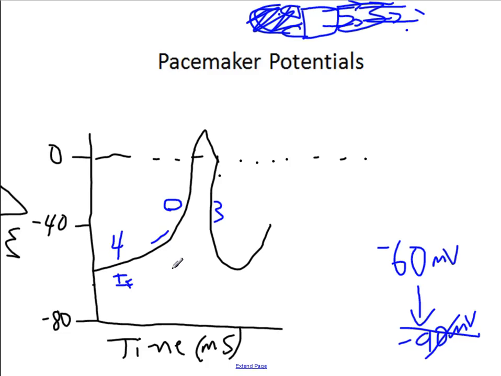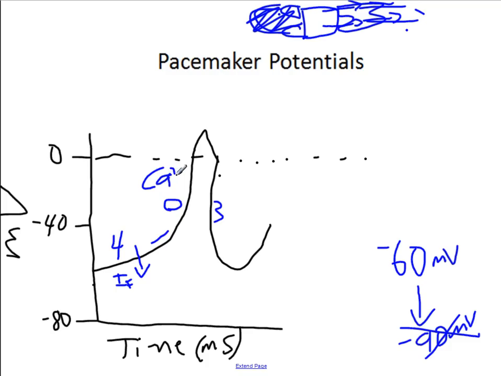We call these slow sodium channels because they open slowly and they cause a much slower influx of sodium into the autorhythmic cells. Now, eventually, once the autorhythmic cell depolarizes to about negative 40 millivolts, calcium channels are going to open.